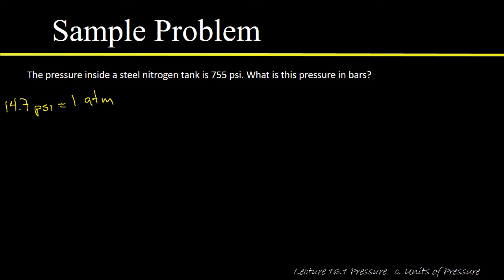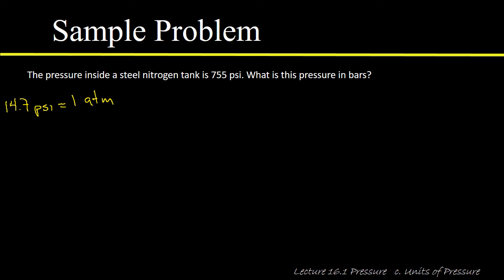Okay. So that'll allow us to convert between psi and atmospheres. That won't quite get us to bars, although if you remember, a bar is approximately the same thing as 1 atmosphere. So if we just use this conversion to calculate the answer in atmospheres, we'd have something that's a very good estimate for the pressure in bars.